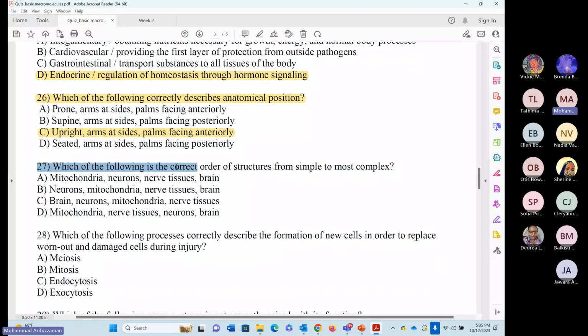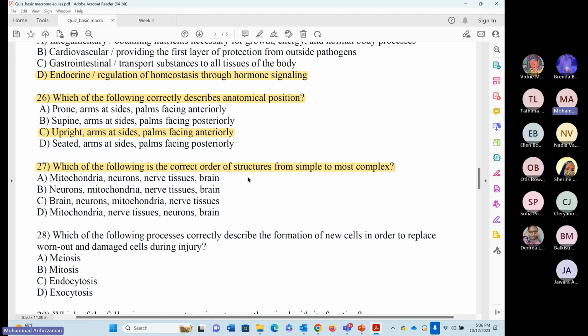Which of the following is the correct order of structure from simple to most complex that we discussed last week, week 1? This question is also tricky, but I found these questions in the TEAS exams.